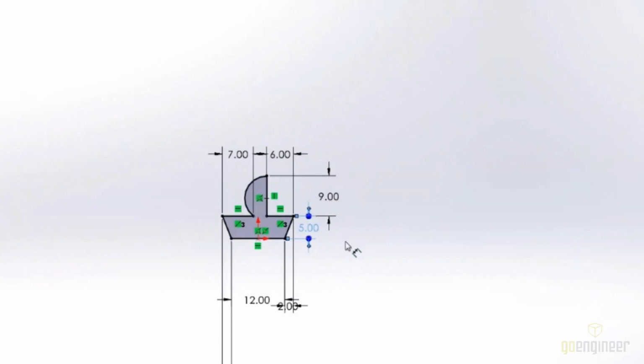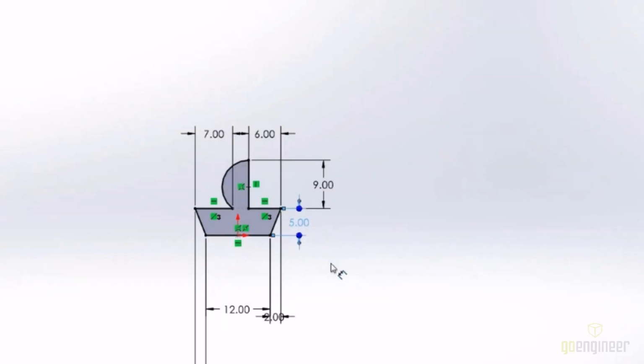But the amount that I had left after I turned on the automatic solve, so that I was able to see what turned black, what was still able to move, I was able to still just straighten that out with a couple of additional dimensions or relations. It didn't get all tangled up on me.